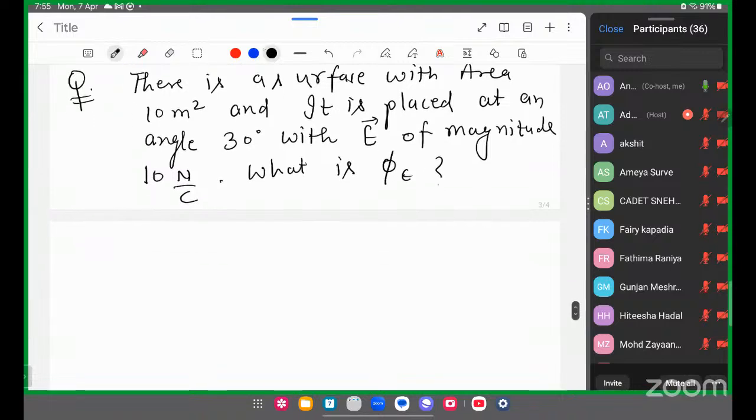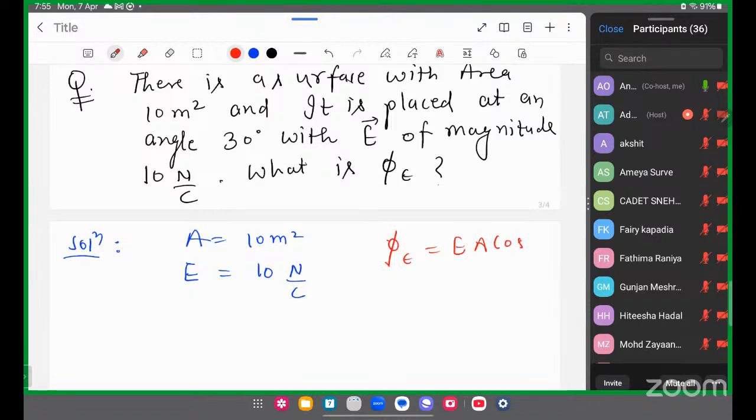If you read the question carefully, you will clearly understand that area is given to us, 10 meter square. Electric field E in terms of magnitude is also given, 10 Newton per Coulomb. And to find out phi E, we have EA cos theta.